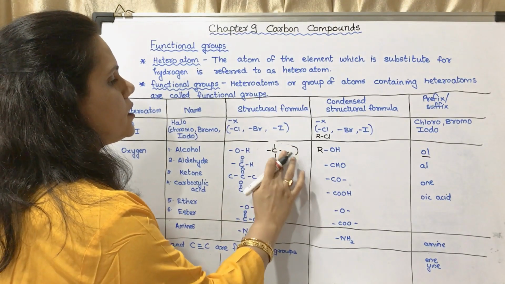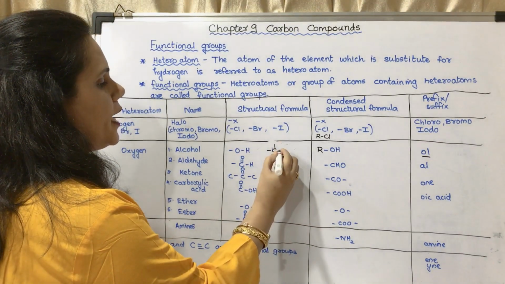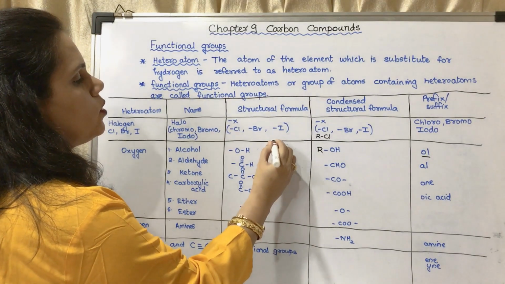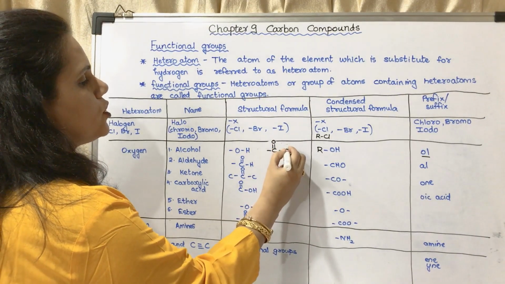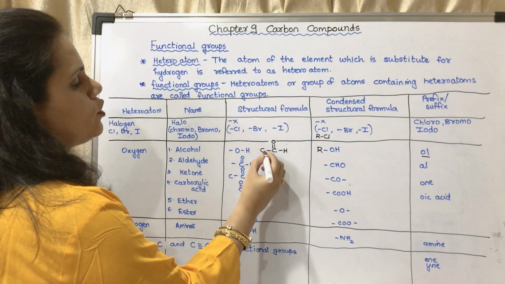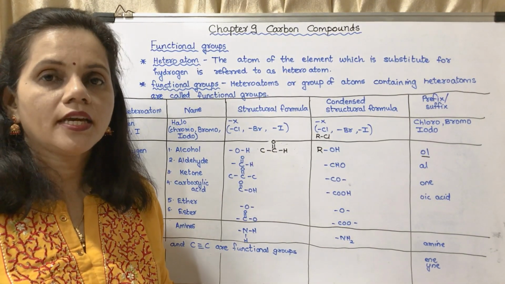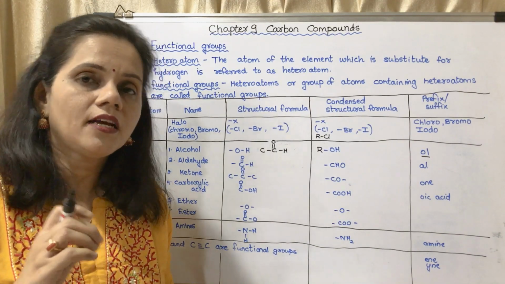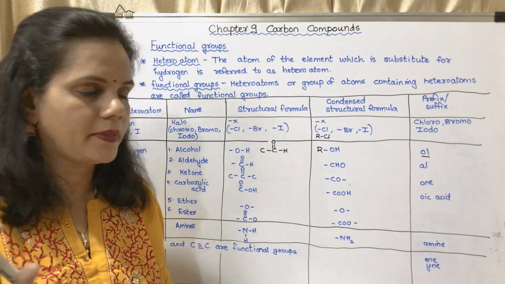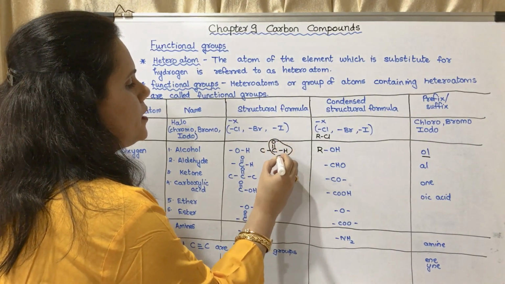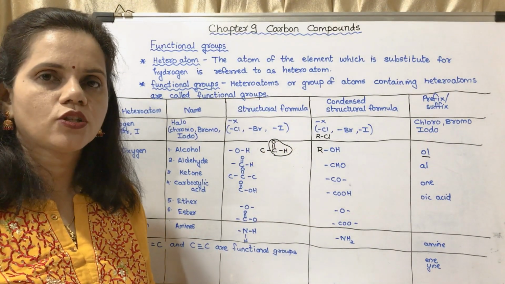In that, the heteroatom which is added, you may see the structure. This C is having O at the top and H to one side. Here it could be C or H, no any other element. It will become CHO.